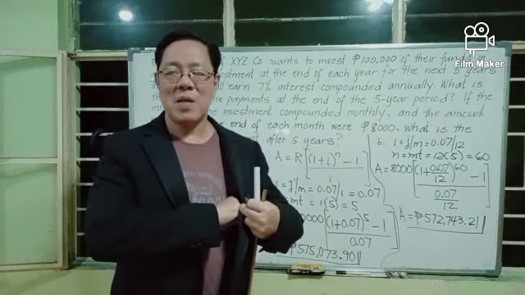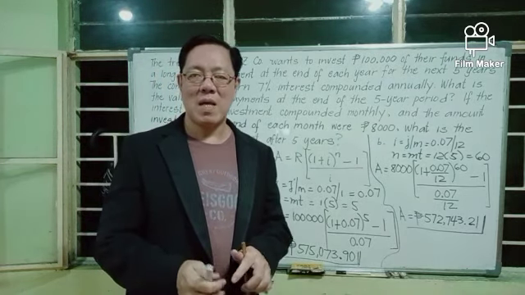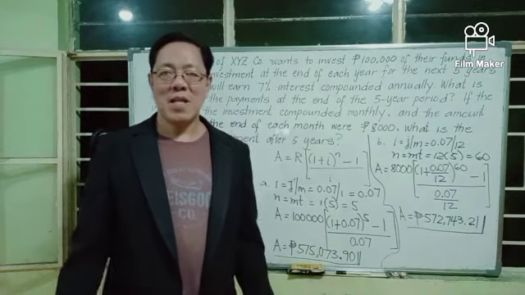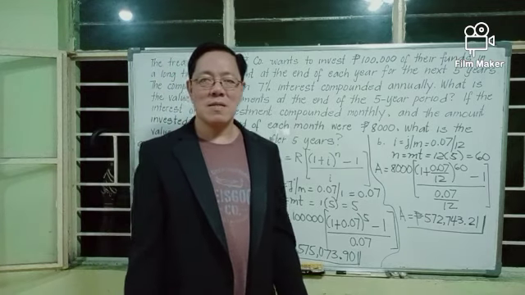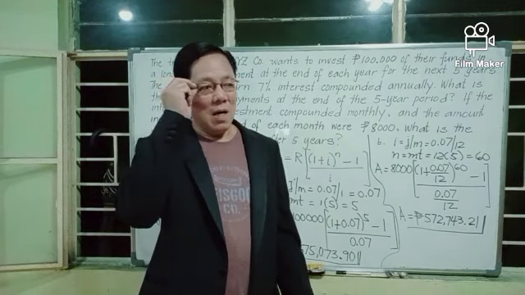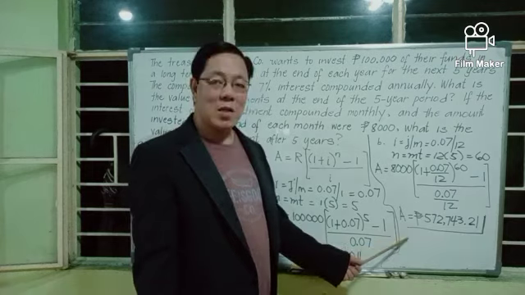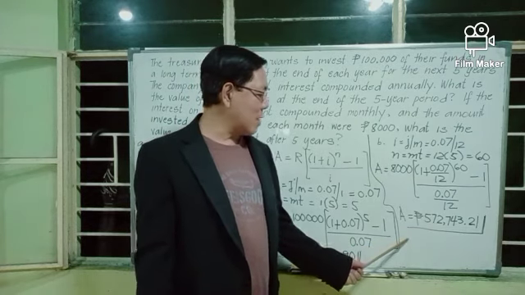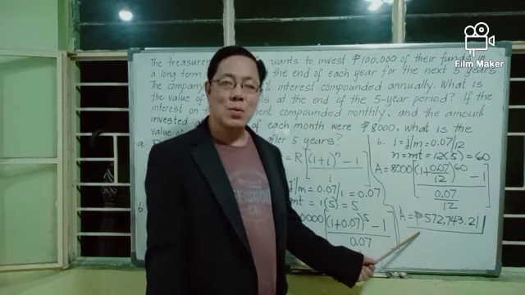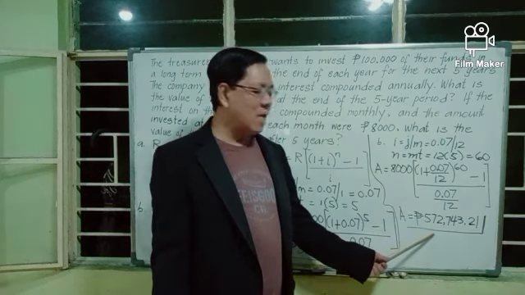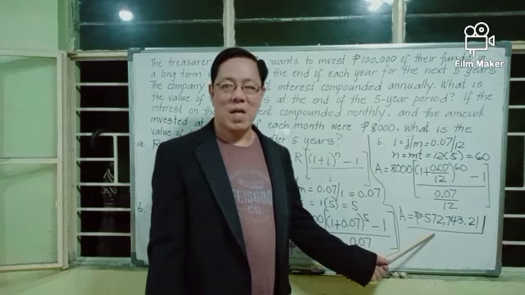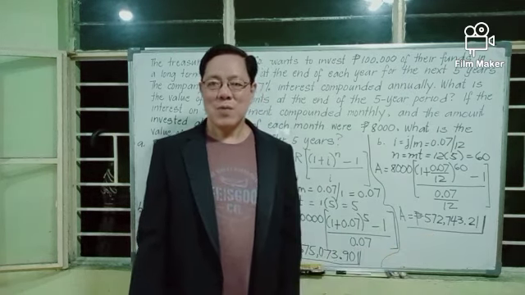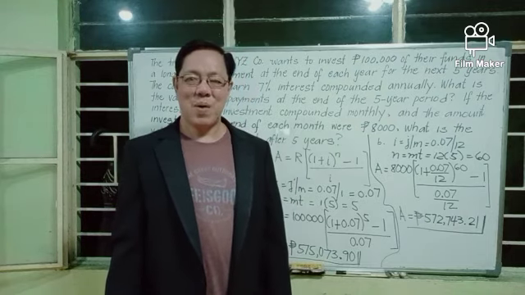Hence, the value of the investment of 8,000 pesos to be paid at the end of each month for 5 years will result to a value of ordinary annuity equal to 572,743.21 pesos. We now take another example.